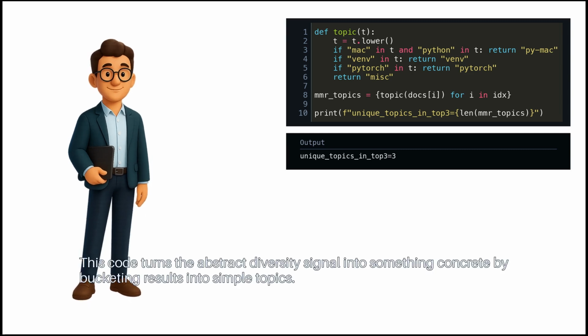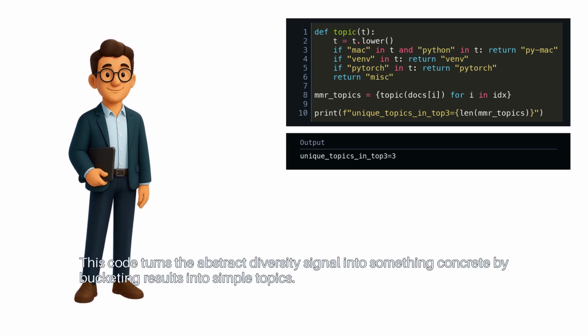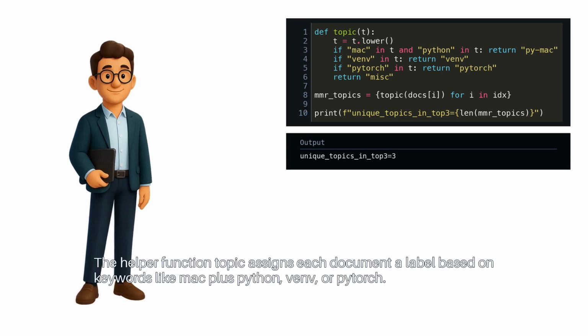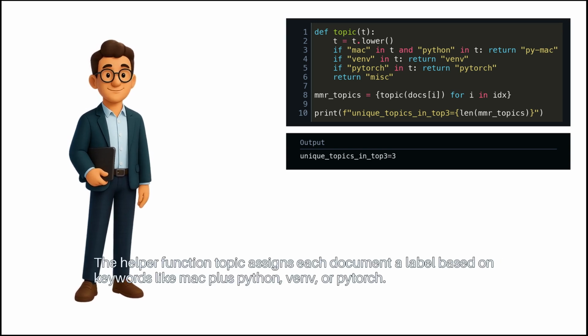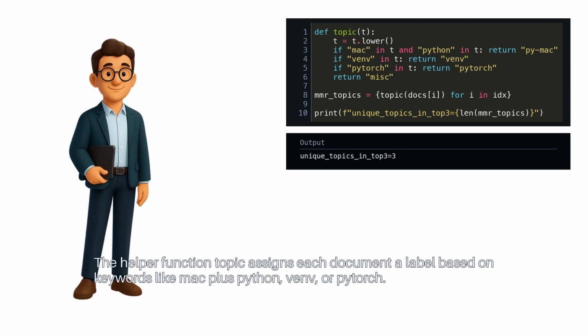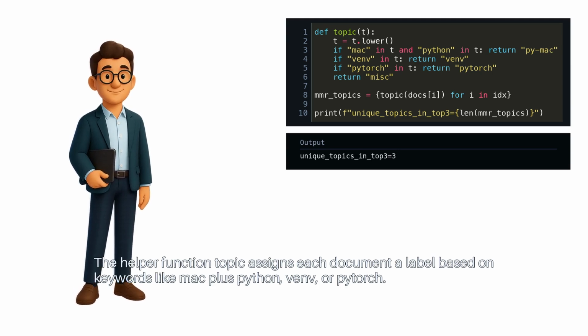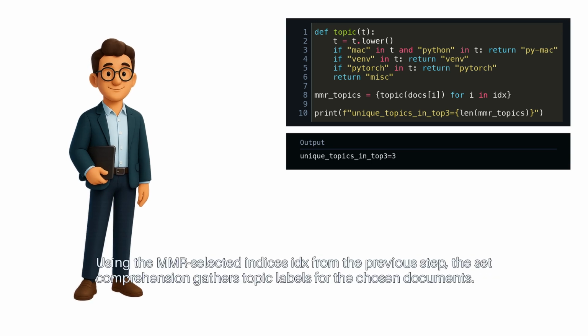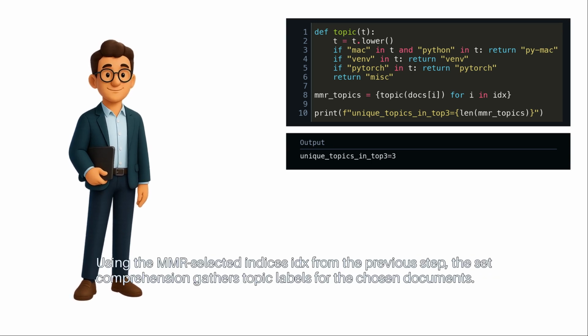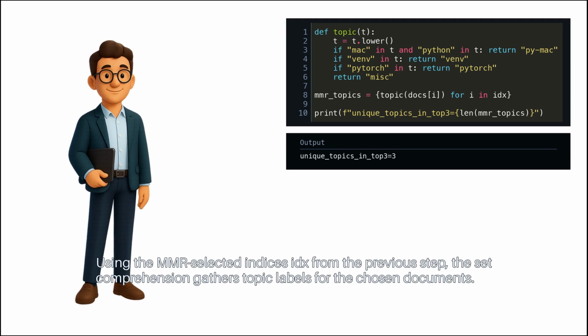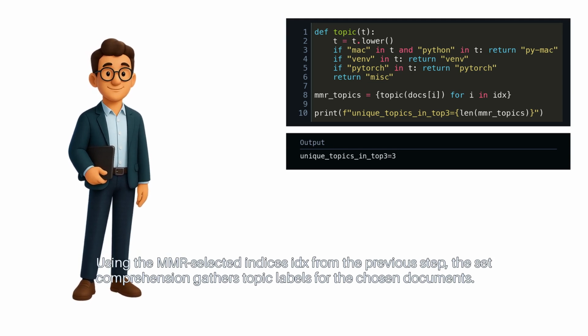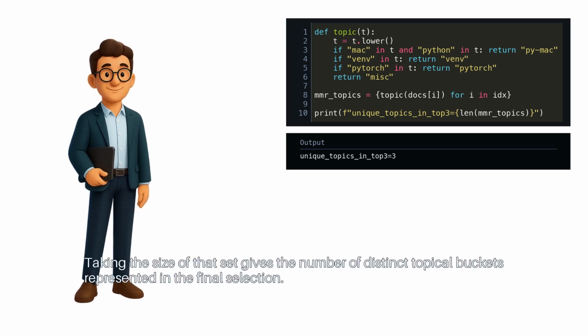This code turns the abstract diversity signal into something concrete by bucketing results into simple topics. The helper function topic assigns each document a label based on keywords like Mac plus Python, then, or PyTorch. Using the MMR selected indices IDX from the previous step, the set comprehension gathers topic labels for the chosen documents.